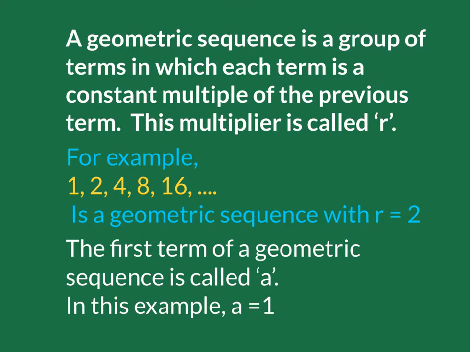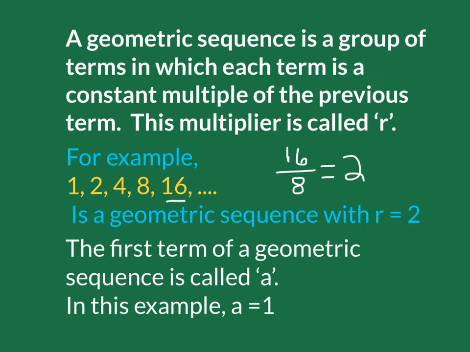A geometric sequence is when you have a list of numbers, and if you take a number in the sequence and divide by the previous number, you always get the same answer.